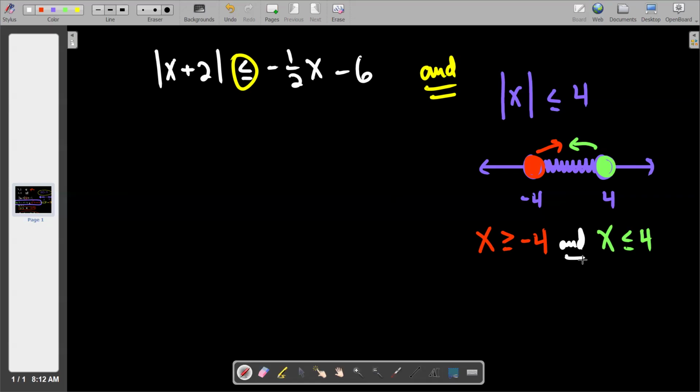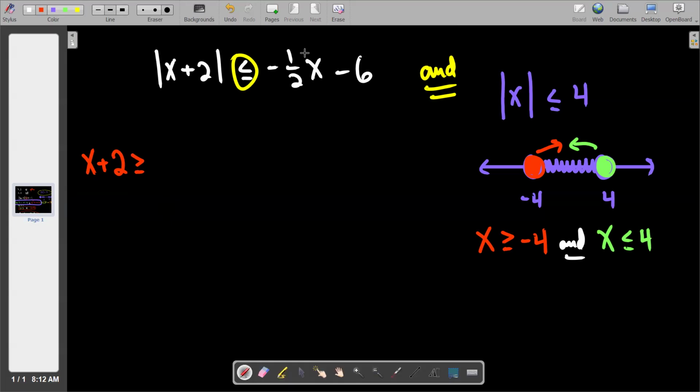So I'm going to take that situation over on the right, and I'm going to mimic it over on the left and try to transfer that understanding, which I hope is pretty simple to understand. Take that understanding and transfer it to the white problem up at the top. So here we go. One of the problems is going to say, and I'll keep the colors consistent, that the stuff inside the absolute value, x plus 2, could be greater than or equal to the opposite of my boundary.